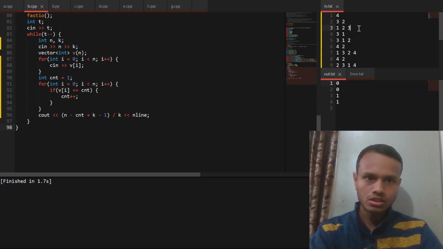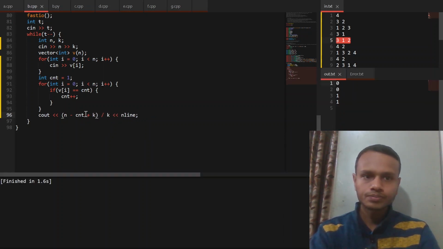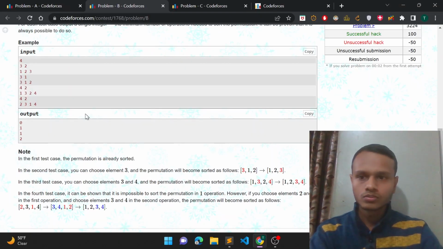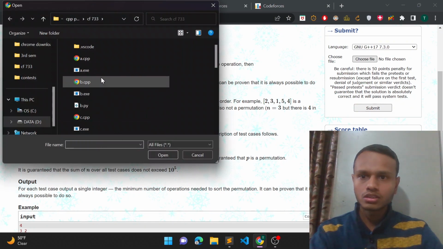Okay, let's see how this is right. For this case, okay, oh, so at the end the count was this, or just subtract this, I think. Don't know if it is correct, but let's give it a try.